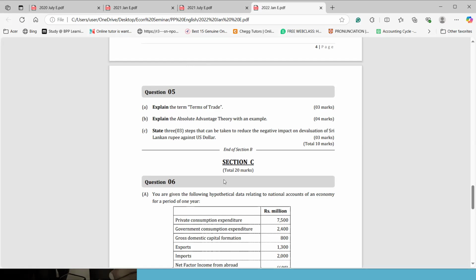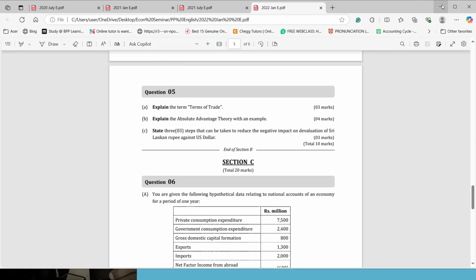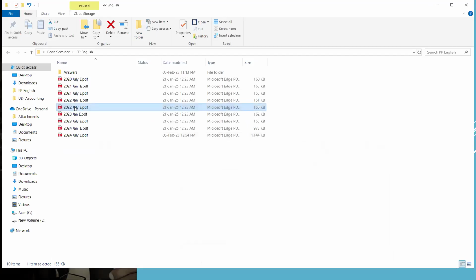And you have to manage inflation within the country. So likewise, we do certain things to reduce the burden of devaluation. Very good. Let's look at another question.